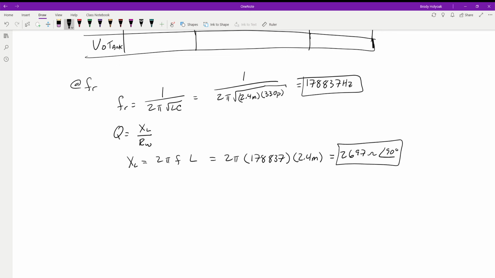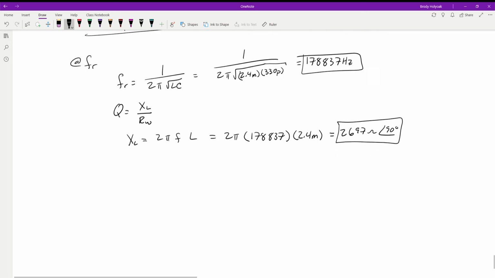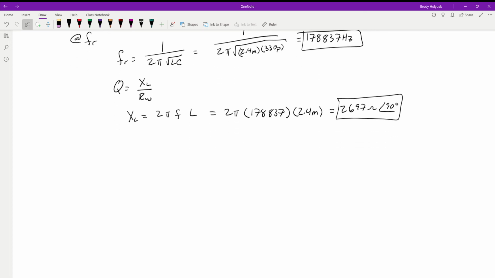Okay, so now that we have that, we can calculate our Q point based on this, so we can convert our circuit to its equivalent. We can analyze this as an L resistor in parallel with an inductor in parallel with a capacitor.